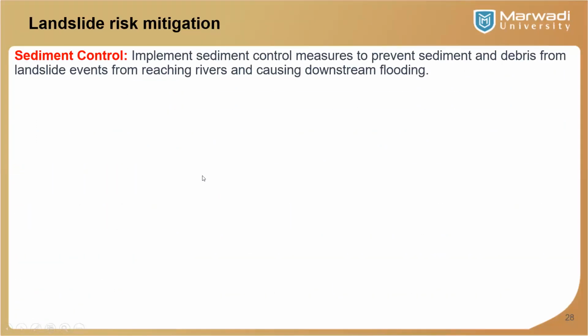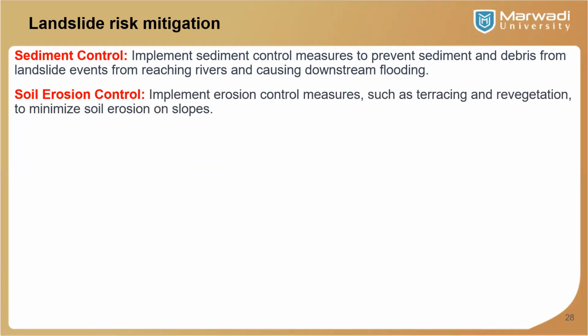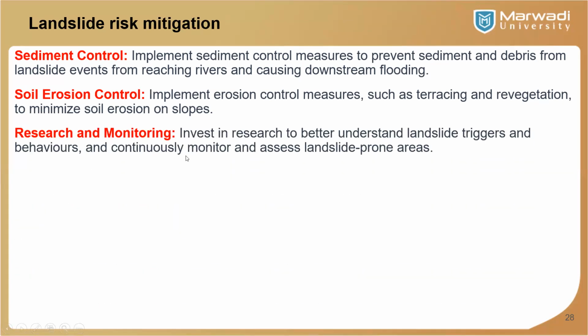So sediment control is to implement sediment control measures to prevent sediment and debris from landslides reaching the rivers and causing downstream flooding. So that is one of the major things in landslide risk mitigation. Soil erosion control, that is, implement erosion control measures such as terracing and revegetation to minimize soil erosion on slopes.